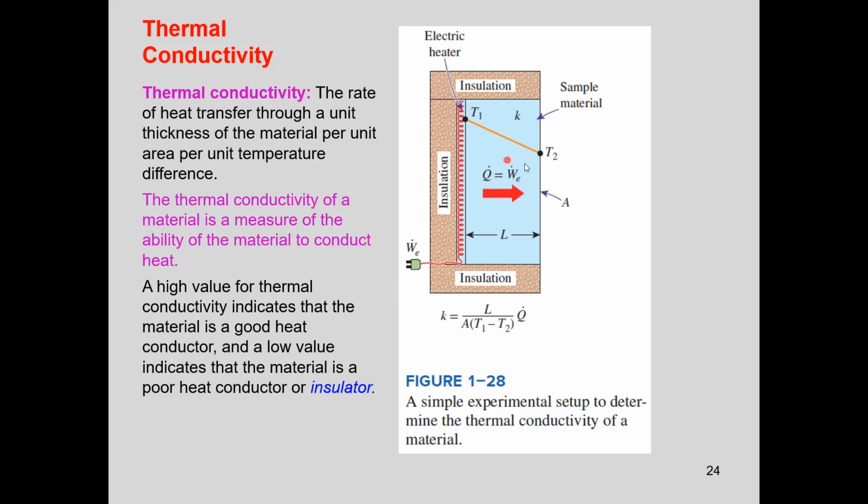Okay. What is the general name for the material with low thermal conductivity? How do we call them? There are some materials that have very low thermal conductivities. How do we name them? What is their general name?